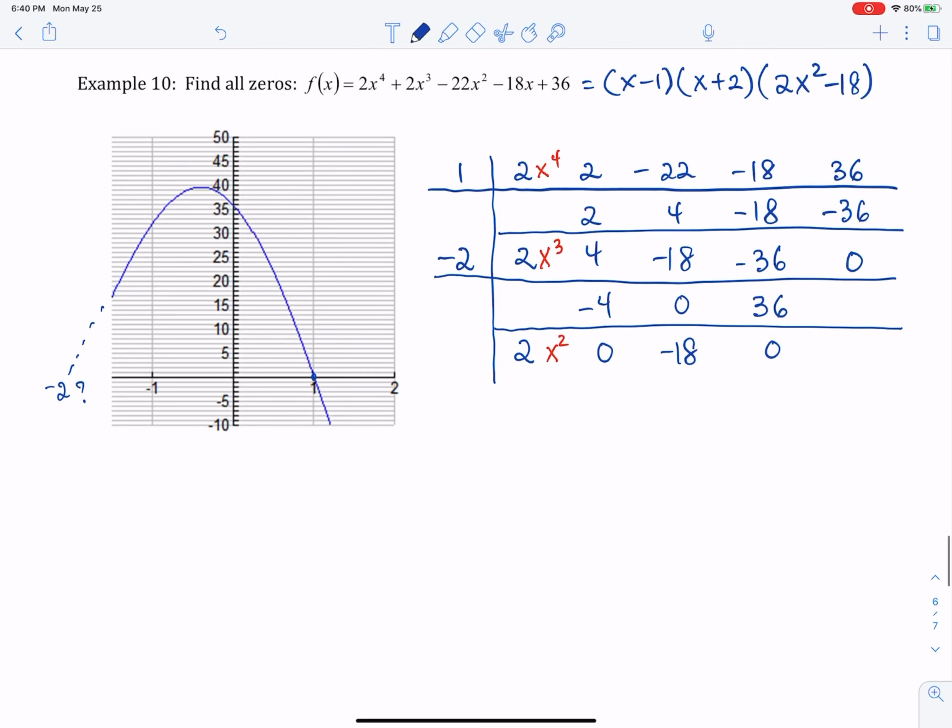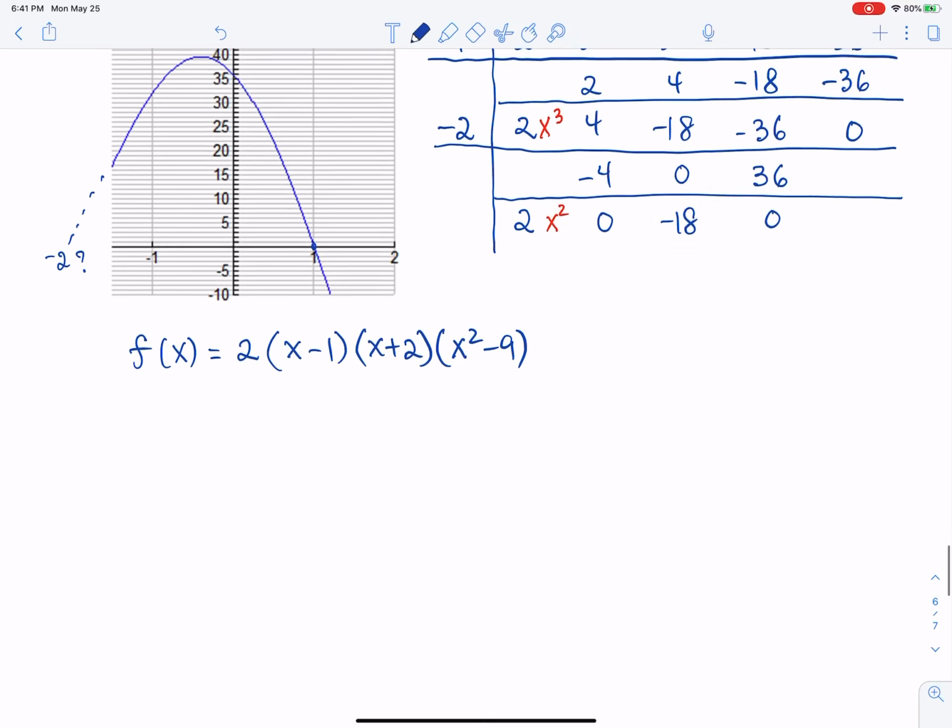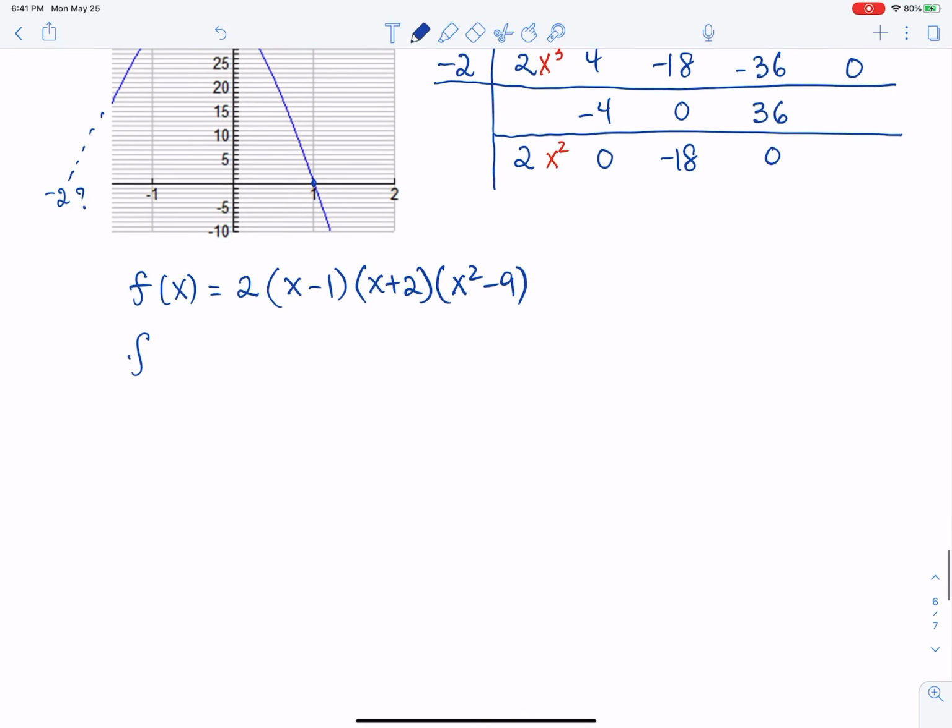So I end up having f of x is equal to. Notice that 2 can be factored out from those two terms. And if we factor the 2, we end up having x minus 1 times x plus 2 times x squared minus 9. Well, that's a well-known formula: a squared minus b squared is a minus b times a plus b.